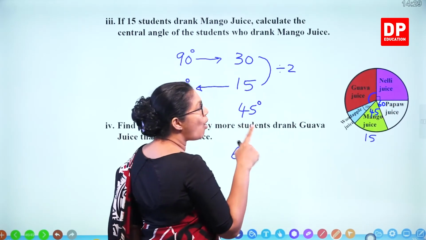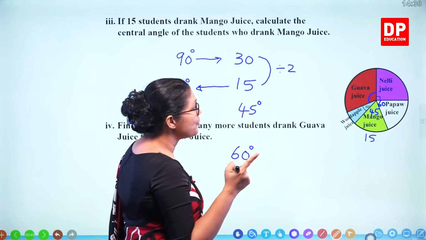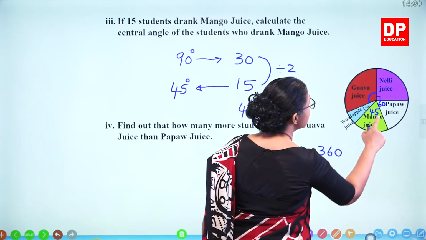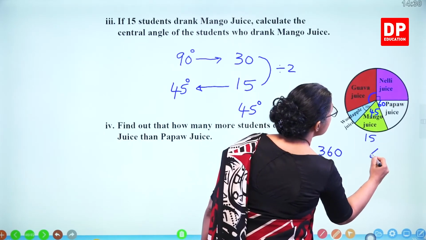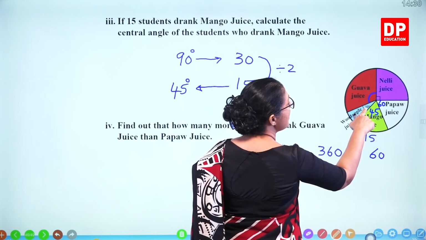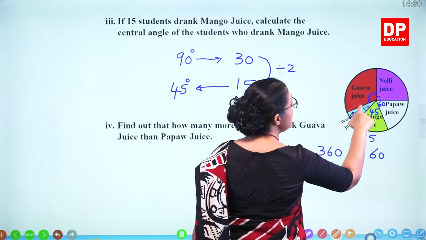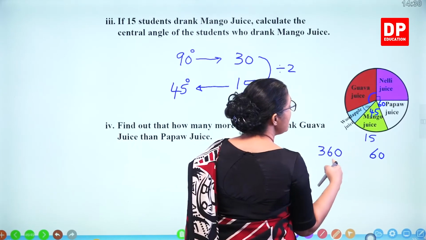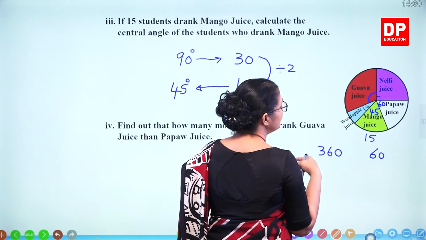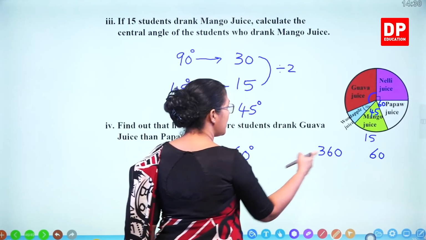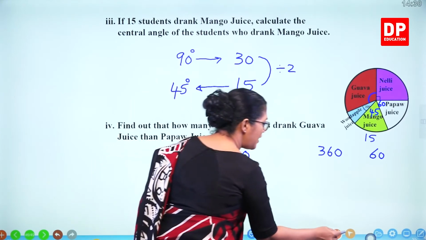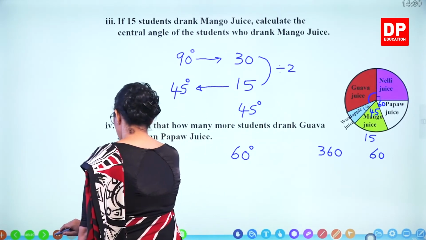Now add all the angles and subtract from 360. So 360 minus 60, here 60 plus 30, 90, 90, 90, 180. So 180 minus 45. So you can use that way without taking 360. So we'll do it that way.